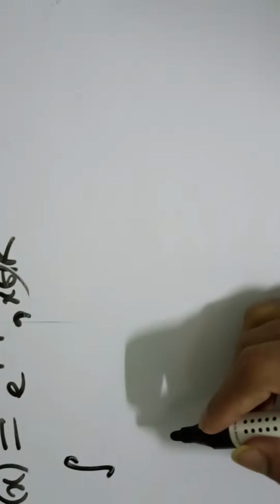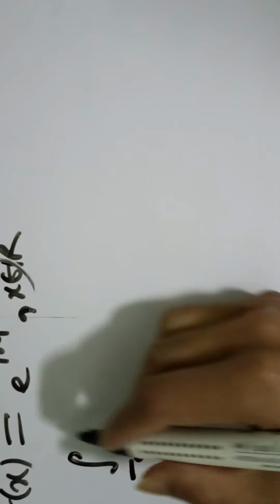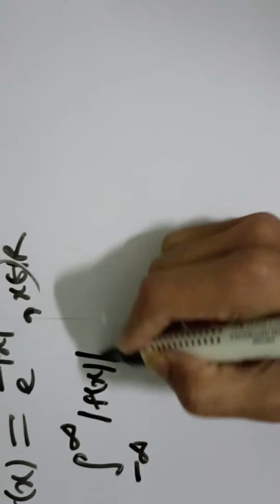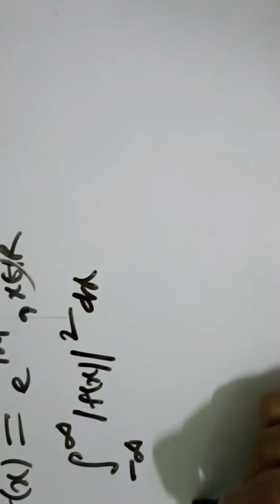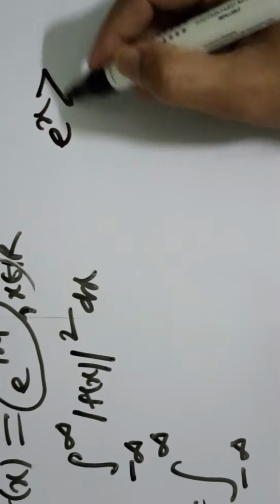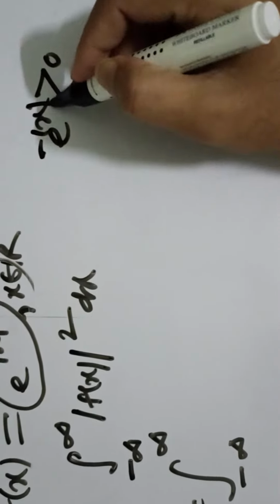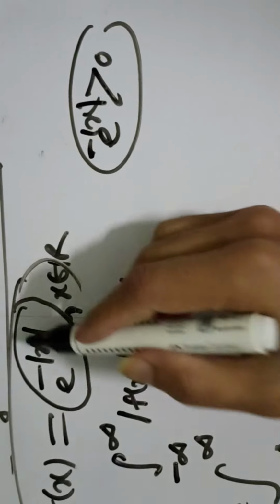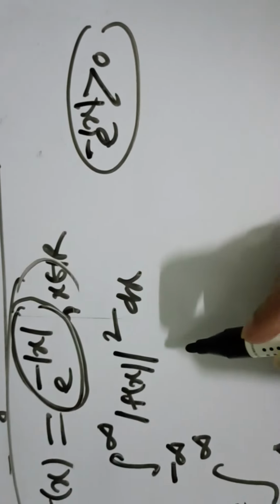So I have to check the integral from minus infinity to infinity of mod f(x) squared dx. This e to the x function is always positive. We all know that e to the x is always greater than 0, so e to the mod x is always greater than 0. If we take the square of this function, it is also positive.